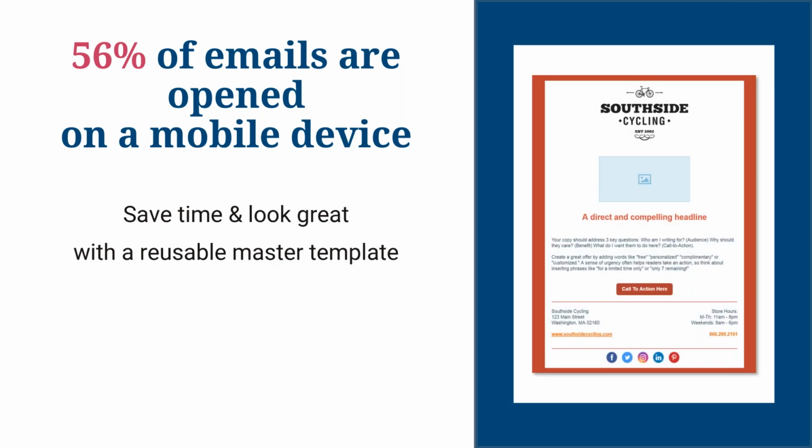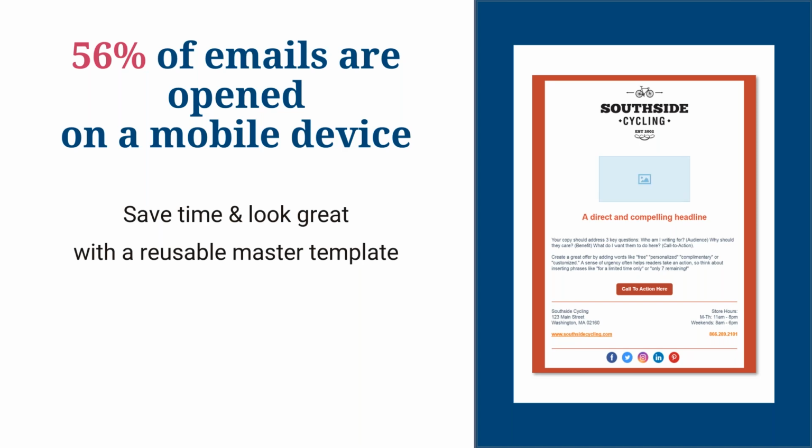Instead, what I recommend you do is to create a reusable master template that looks more like this. The design is much simpler, it's mobile responsive, so it'll look great on any device, and it doesn't need a massive amount of time and work up front. So you'll have to get that set in your email account, and I'll show you a little bit more about that.